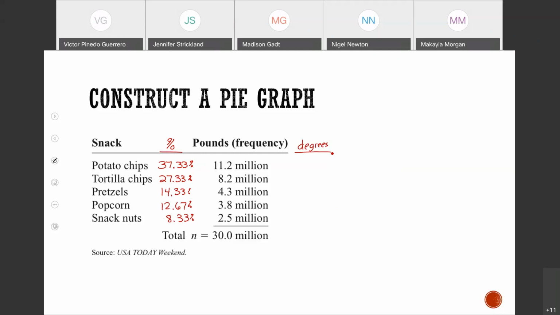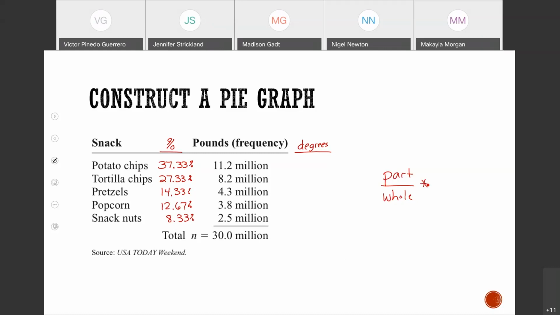Okay, so to do the degrees, we do pretty much the same calculation. We're going to do part divided by the whole. But instead of multiplying by 100, the reason that we multiply by 100 is that there are 100 possible percents, okay? So if I'm talking about degrees in a circle, do you guys know how many degrees there are in a circle? All the way around the circle is how many degrees? 360.